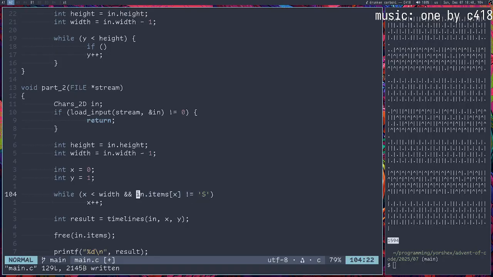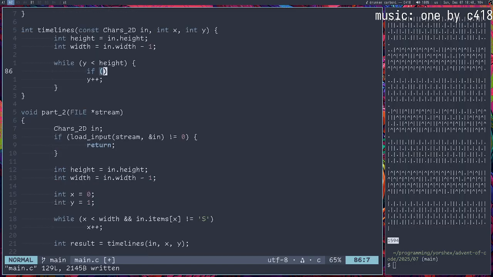If n items equals a splitter, I mean plus y multiplied by width.